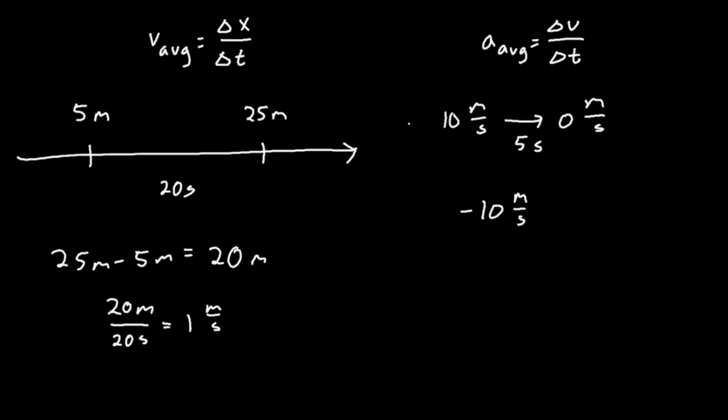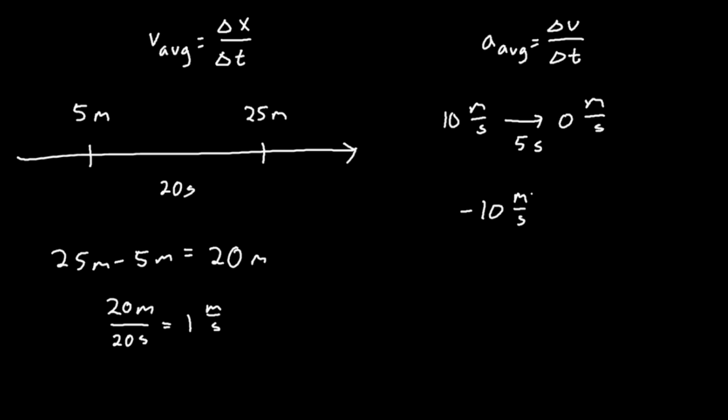So I'm trying to ingrain that in your minds. Negative and positive matter a lot when you're talking about vector valued variables. Variables that are vectors. Acceleration and velocity are vectors, so they have direction. So negative and positive matters. Now, if you saw speed, for example, speed is the scalar form of your velocity, so it's just only positive numbers.